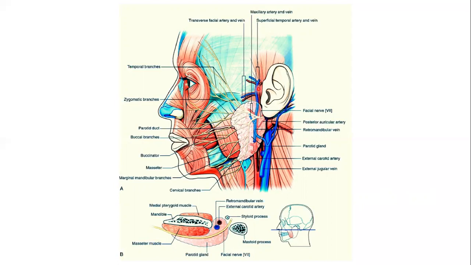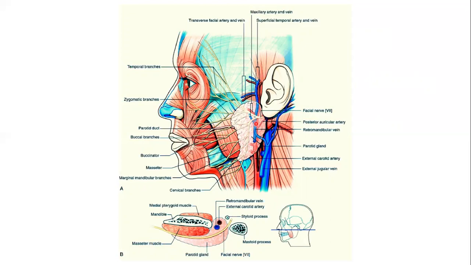Yes, this is the superficial temporal vein, and this is the union with the transverse facial vein. These are the three veins over here, right? This is the maxillary vein, this is the transverse facial vein, and this is the superficial temporal vein.